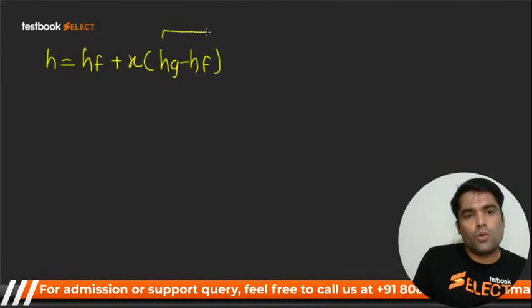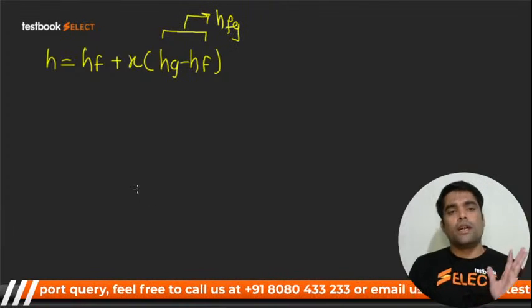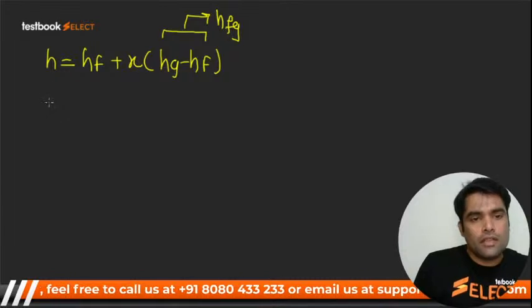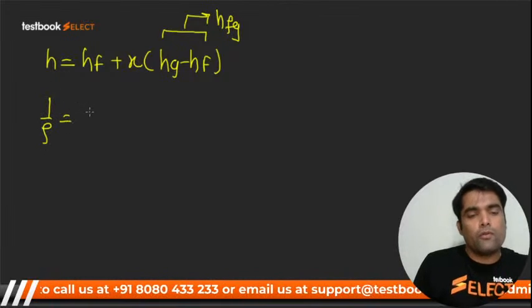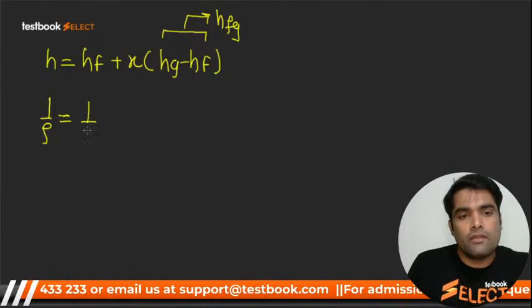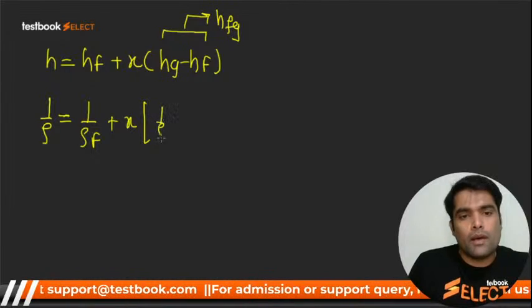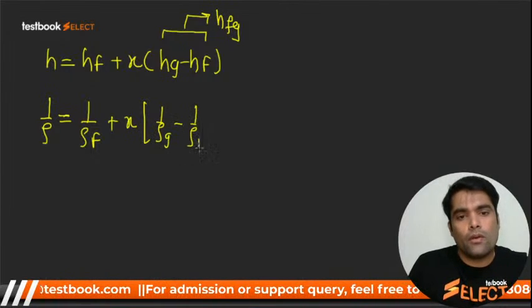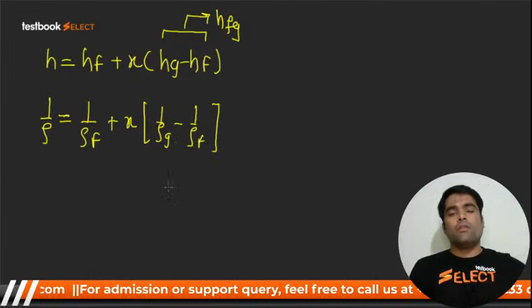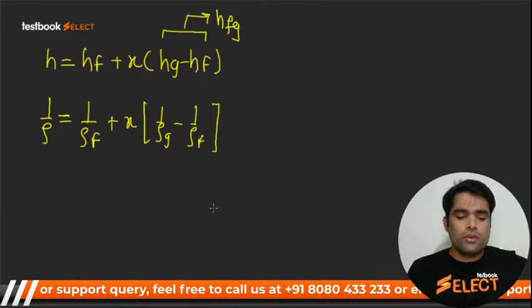This term is also known as what, my dear? You know that. The only thing you have to remember, that is 1 by rho is equal to, if you want to find out density, then the formula for density will be 1 by rho F plus X into 1 by rho G minus 1 upon rho F. This will be the formula for density. Okay. So this is clear.